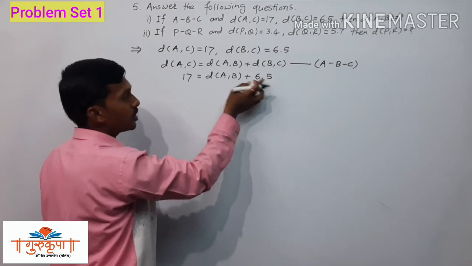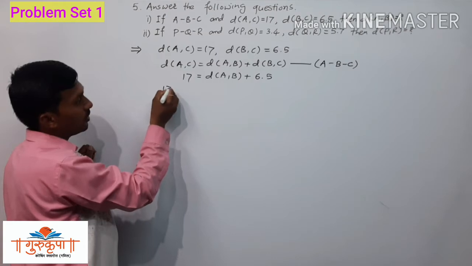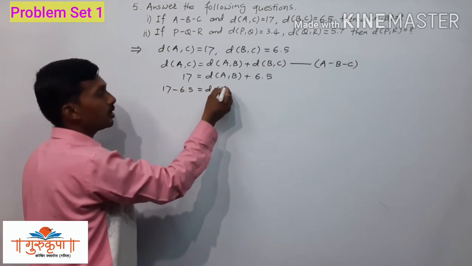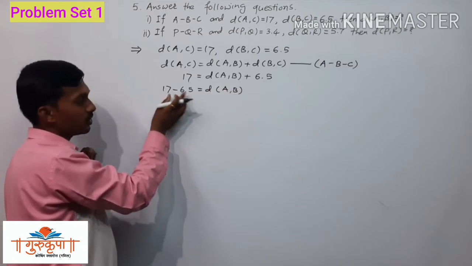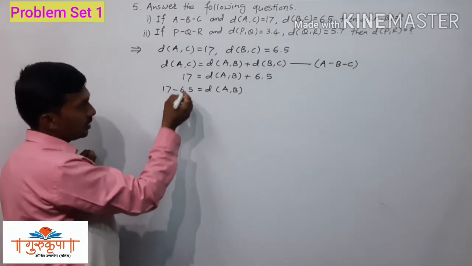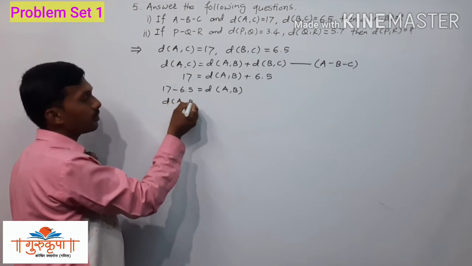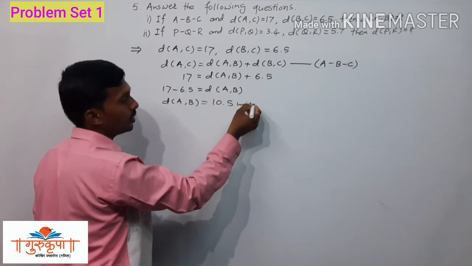Now transfer this 6.5 to the left side and we will get 17 minus 6.5 is equal to distance AB. And now we have to take the subtraction. 17 minus 6.5, that is 10.5. So here we will write distance AB is equal to 10.5 units.